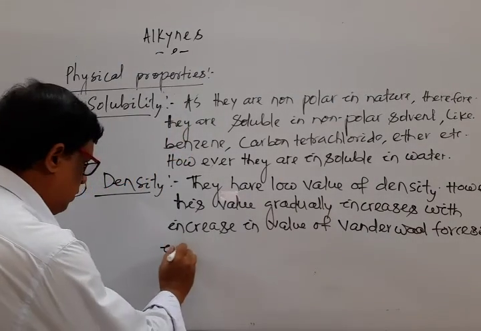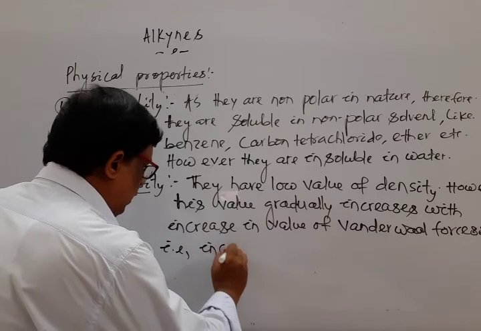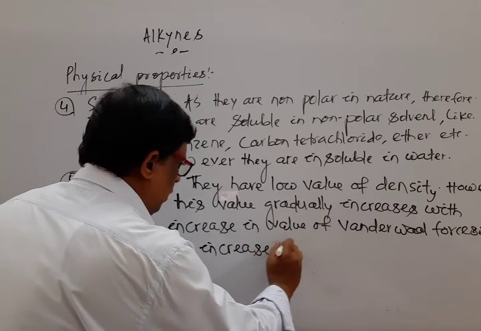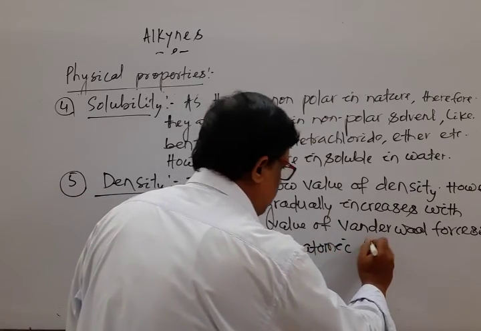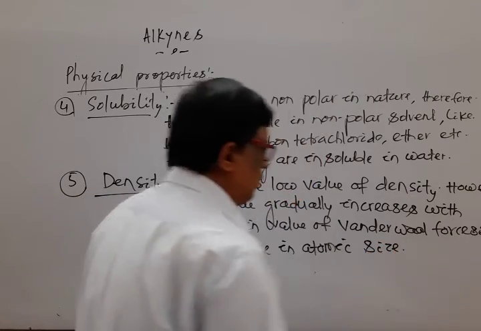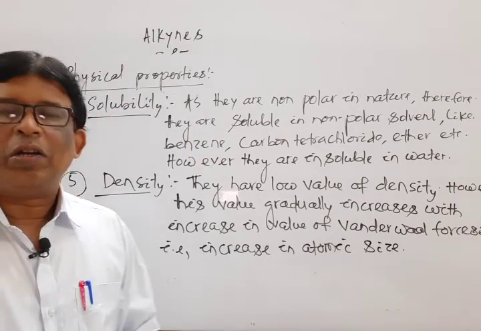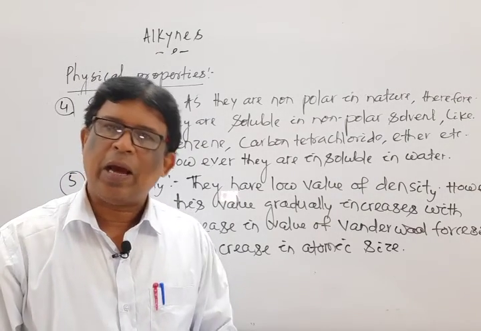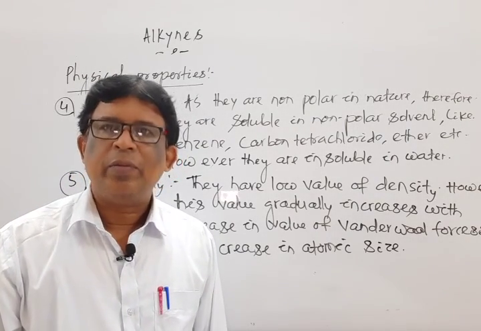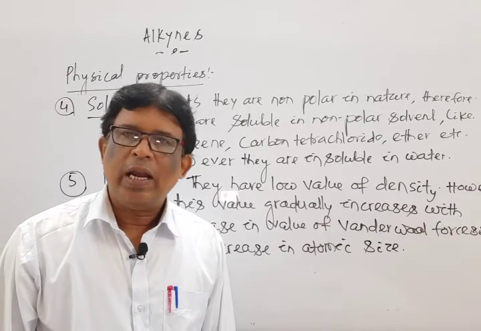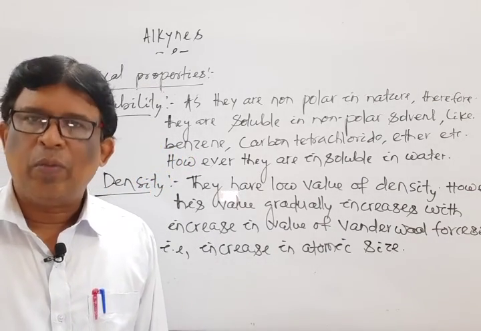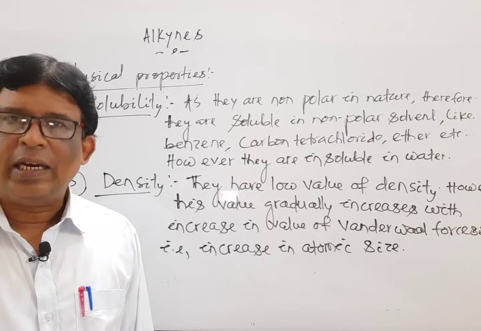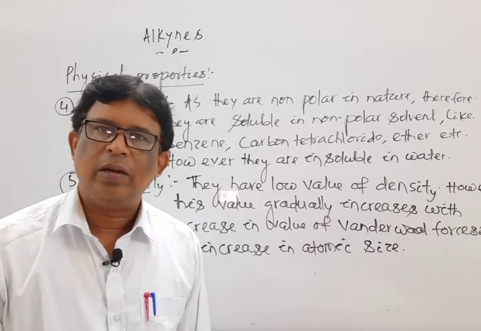So under the heading of physical property, 5 points are there: one is physical state, one is solubility, one is melting point and boiling point, one is density, and one is smell.